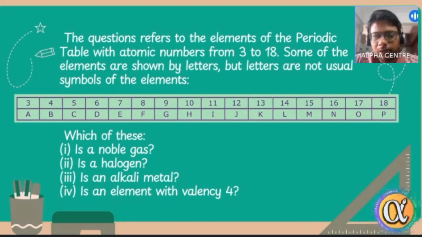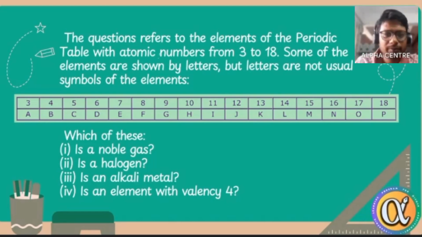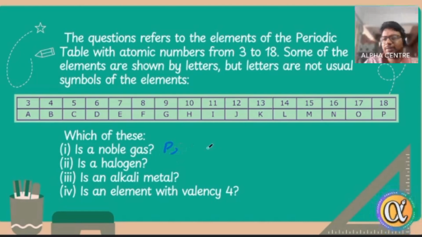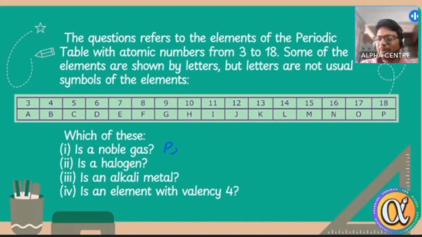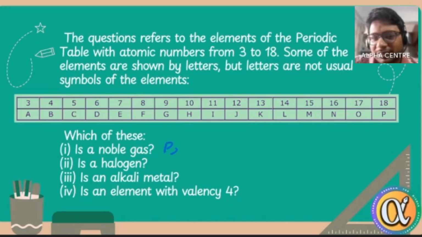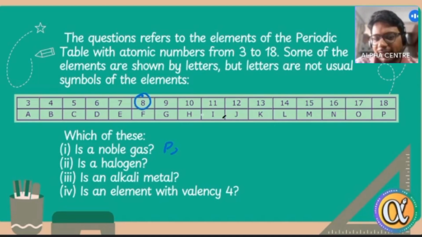Looking at the periodic table, you have to tell which of these is a noble gas. P. Only P? Atomic number 18, yes. F has atomic number 8, which means it has 2, 6 electronic configuration.